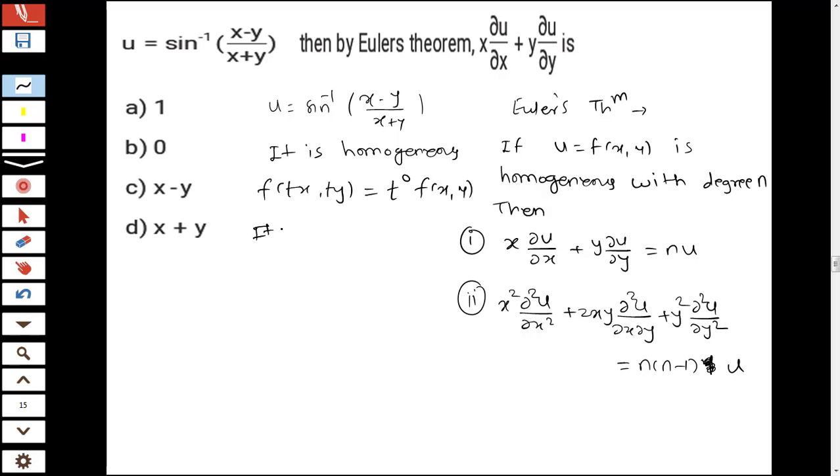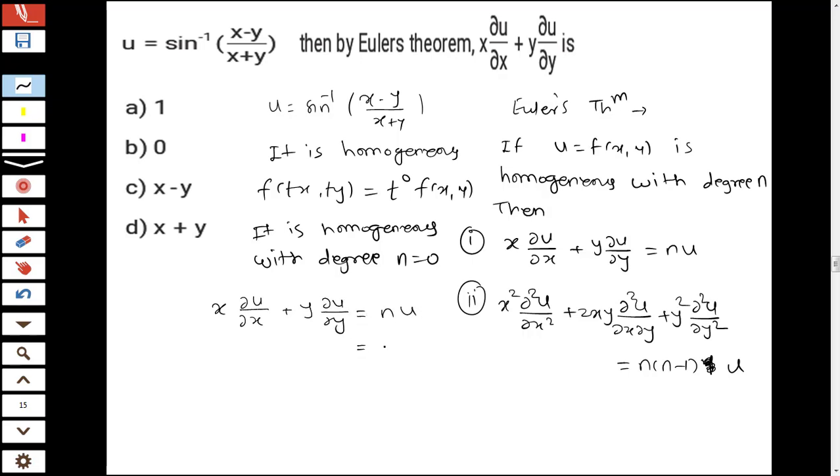So it is homogeneous with degree n equal to 0. And the question is about x ∂u/∂x plus y ∂u/∂y. So by Euler's theorem it is n into u. N is 0, so 0 into u, that is 0. So answer is option B.